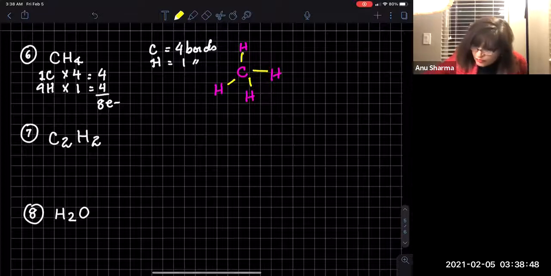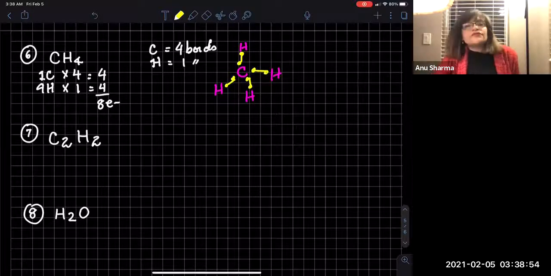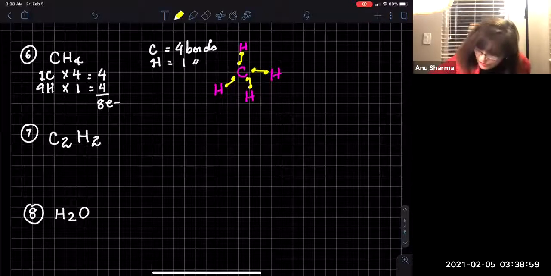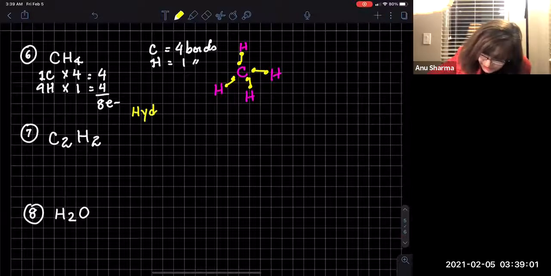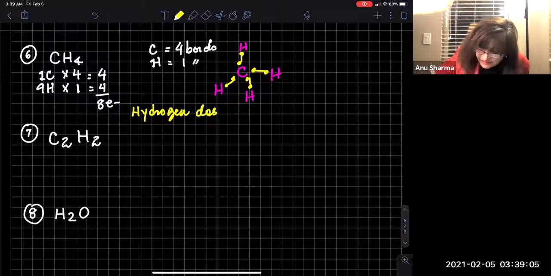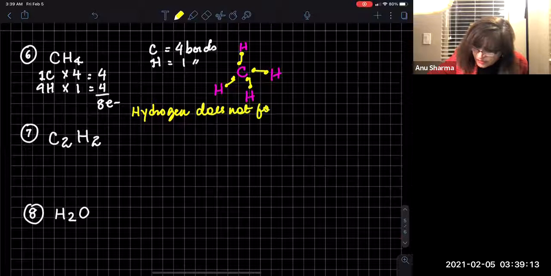Okay, so the octet of carbon is met, and hydrogen does not follow the octet. Hydrogen, we already talked about that. Hydrogen does not follow the octet.